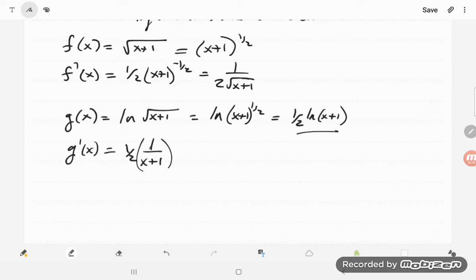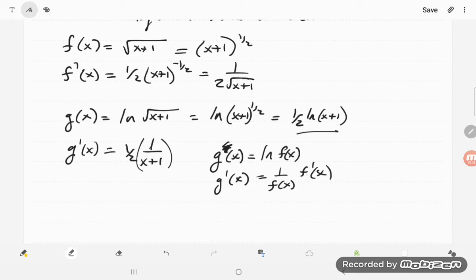But also, you see g of x is the natural log of f of x. So g prime of x is 1/f of x times f prime of x.